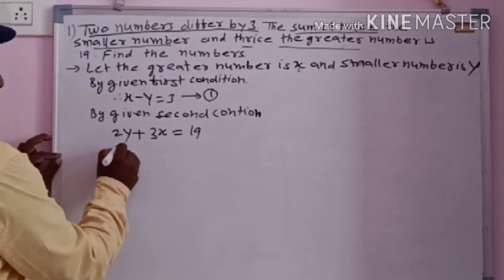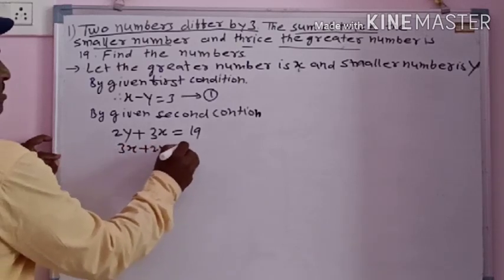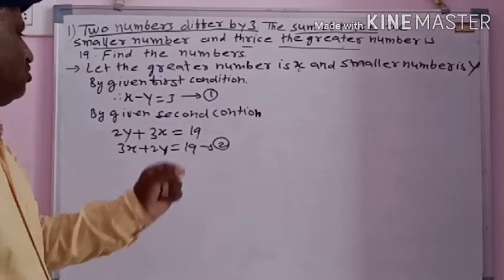Therefore, the equation is 3x plus 2y is equal to 19. This is equation number 2.